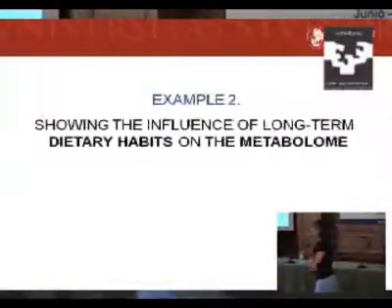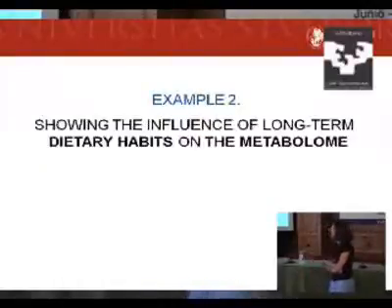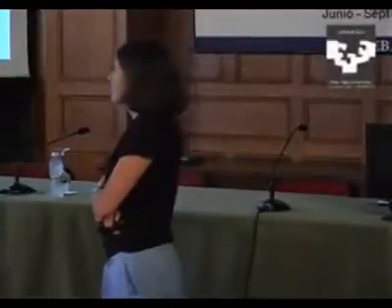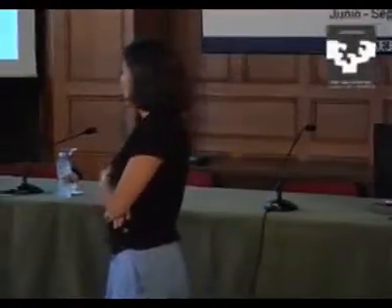Okay, and a second example is about showing the influence of a long-term diet on our metabolome. This is from this year, 2010, and it's a nice study that shows how we can distinguish lacto-vegetarian subjects from omnivorous subjects only by analyzing 24-hour urine samples by NMR.